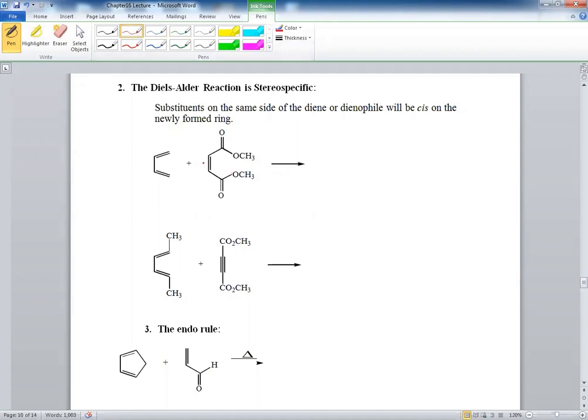So let's actually take a look at the reaction. As always, the reaction would proceed this way, like that. If you pay attention here, these two groups right here, in the newly formed ring, they will be cis to each other. So they will be on the same side.